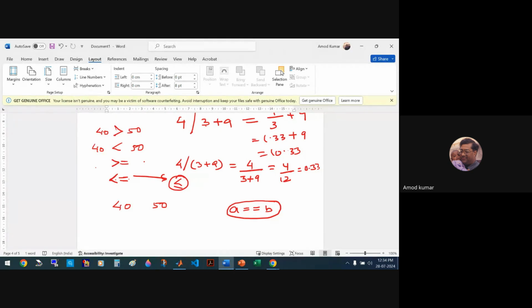And then not equal to. Not equal to means this tilde sign and then equal to. This is called tilde. I don't know what you call it, but I've been calling it tilde. So this is tilde equal to, which means it is not equal.